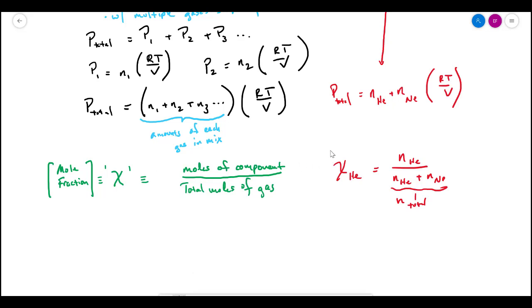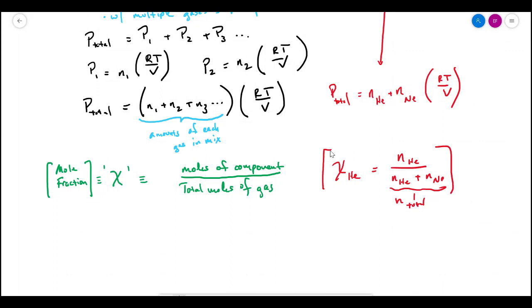So we could take this generic expression here, and since n is equal to PV over RT, which is just a rearranged version of the ideal gas law, we could rewrite the mole fraction of a gas as equal to the partial pressure of that gas times V over RT, divided by the total pressure times V over RT.